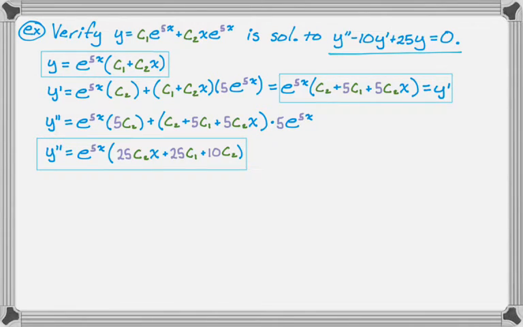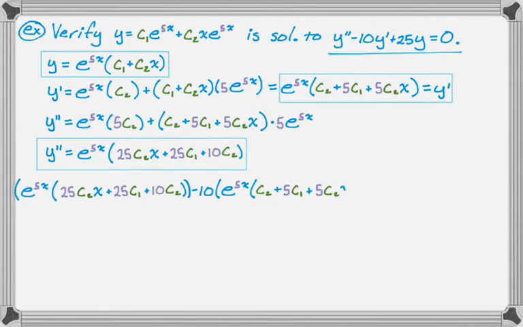I'm replacing y double prime with what I got for y double prime. Now I'm replacing y prime with what we got for y prime. And now I'm going to replace y with what we got for y. When I simplify all of this, I should end up getting 0.